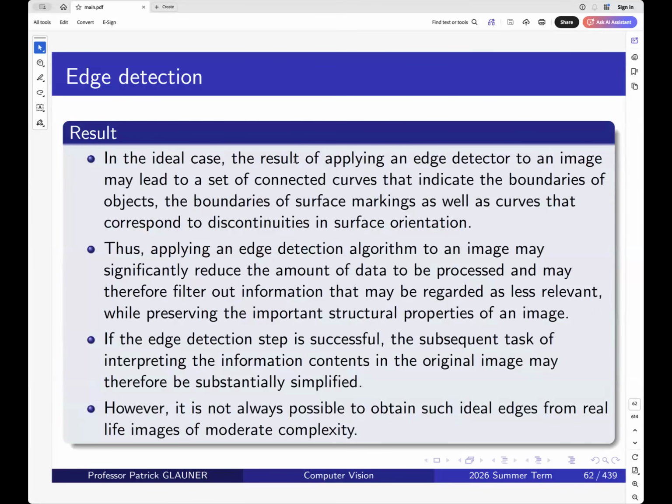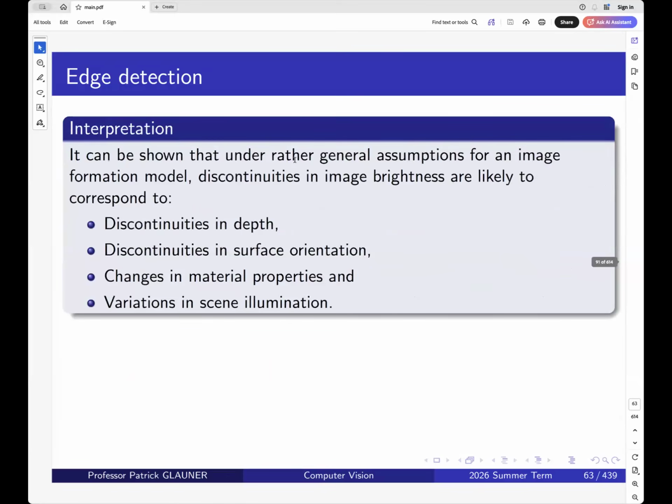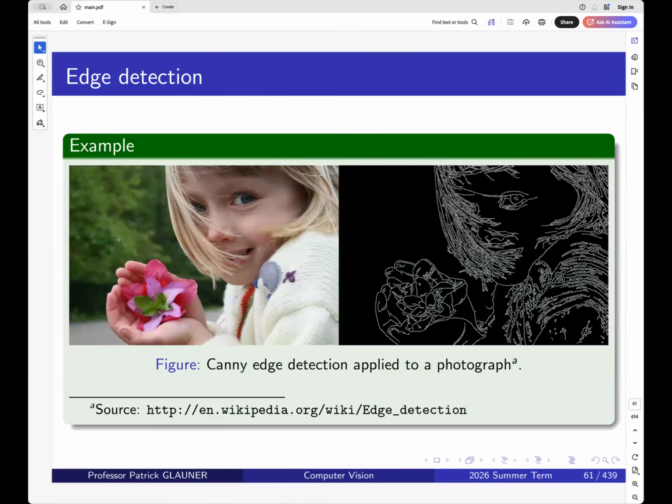This is more or less what I've said already, but feel free to read it later. So challenges could be the background. Blur could be a challenge. A challenge can also be that some edges are interrupted. For example, it could happen here.